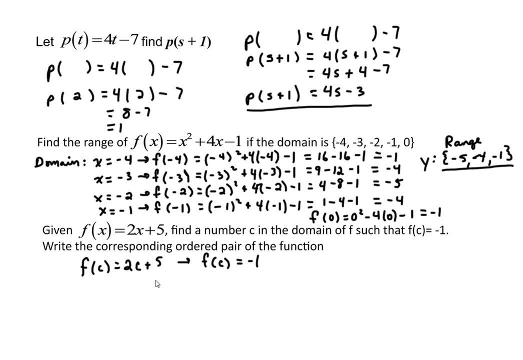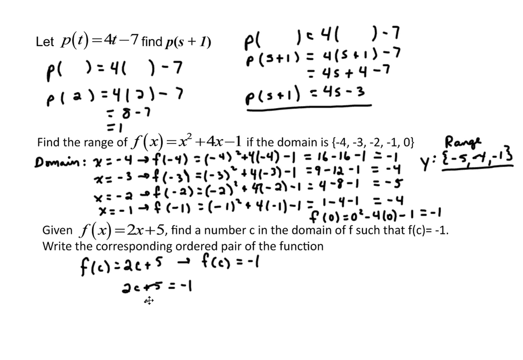We have a principle that says if f of c is equal to 2c plus 5 and f of c is equal to -1, let's skip the middleman, right? What purpose do we need for the f of c if 2c plus 5 and -1 both equal f of c? Therefore 2c plus 5 must equal -1 itself, which means that in order to find the value of c in the domain such that f of c is equal to -1, we solve for c.